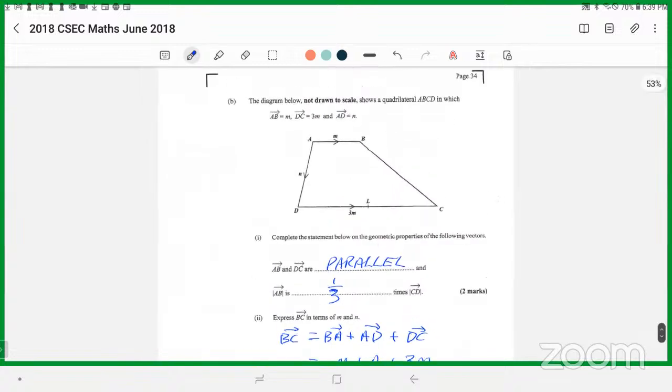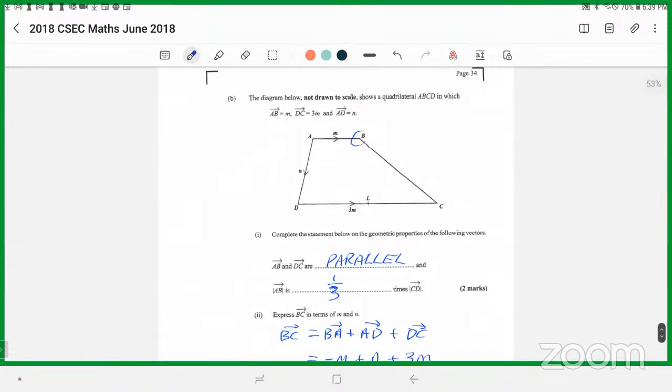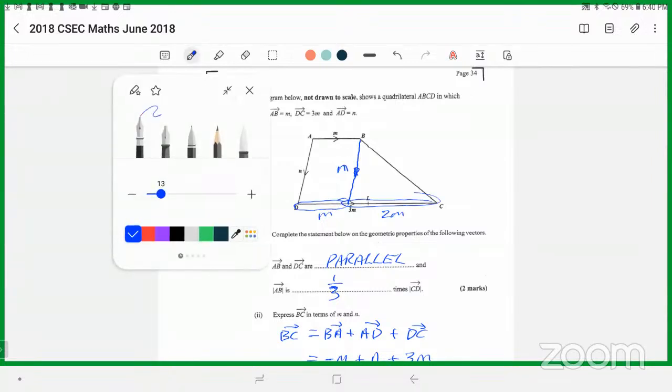And you can see it for yourself, because I start here. Look at the diagram. I start here. If I come parallel to this, that's an n right there. If this is m, then right here says 3m, so over here must be 2m. Don't worry about the ratio.